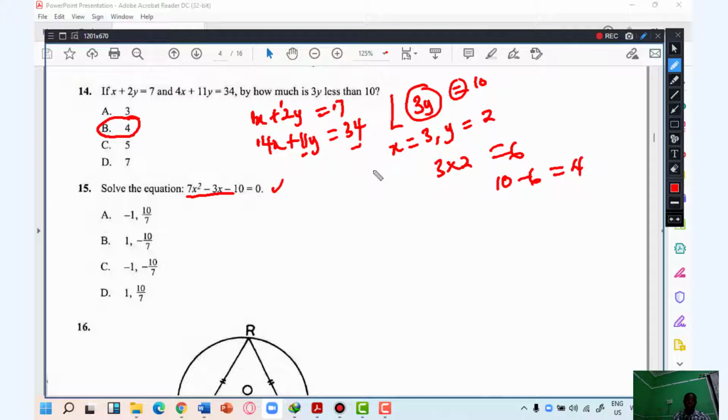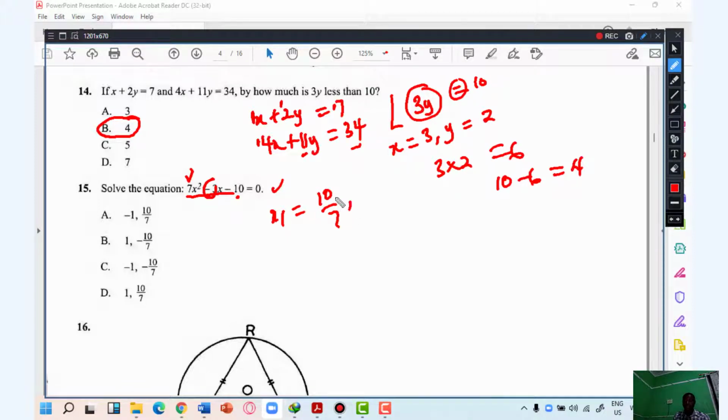Then you start putting in the coefficient. So the number behind this x squared, the coefficient is 7. So you input 7 equal to. Then the number here is minus 3. Then you input minus 3 equal to. Then here is minus 10. You input minus 10 equal to. Then you start pressing equal to. So x1 is equal to 10 over 7.